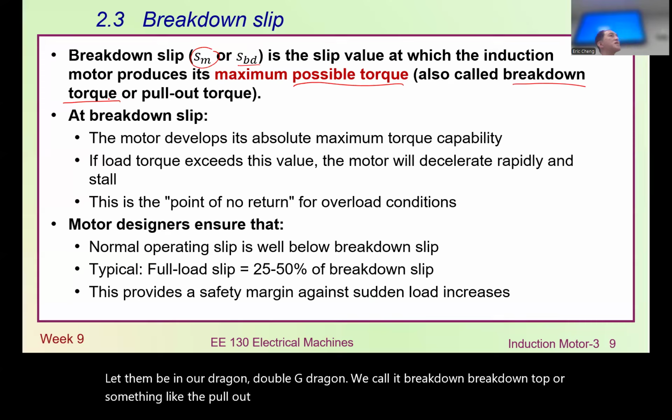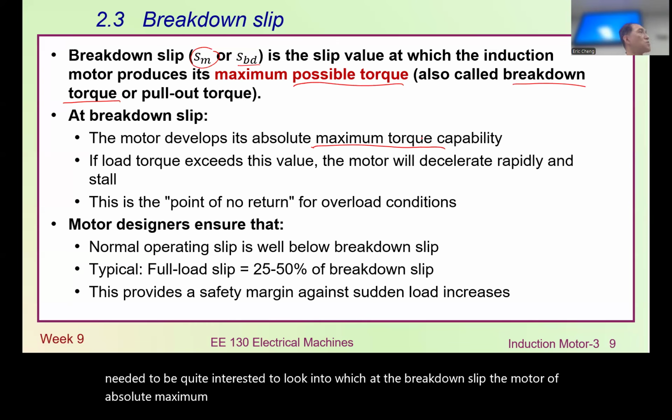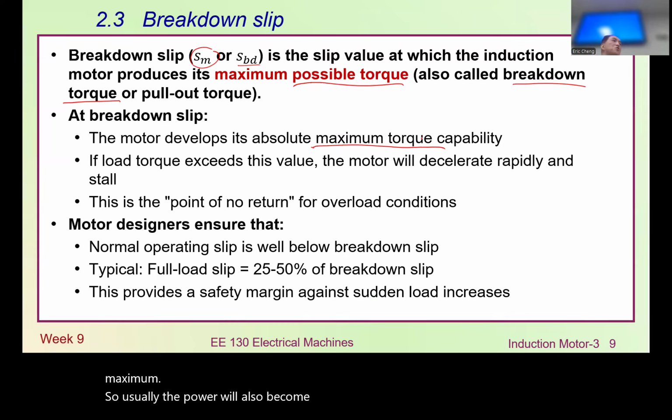This breakdown torque is a region we need to look into, because at the breakdown slip the motor has its absolute maximum capability. At that breakdown slip, the torque will be maximum, and usually the power will also become maximum really close to here.